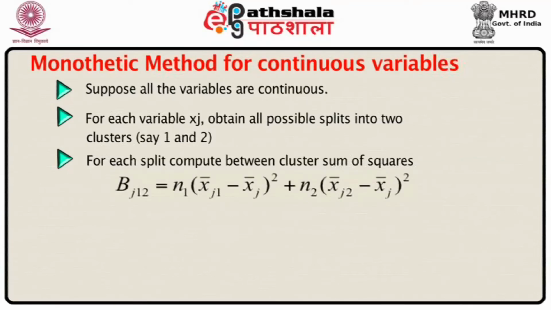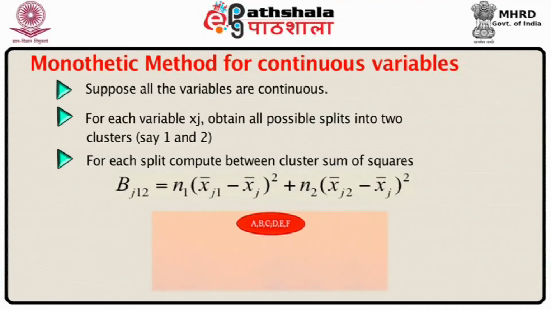It's Bj between cluster 1 and 2 is n1, where n1 is the number of members in that cluster, into (xj1 bar, that is the mean of that cluster, minus the grand mean) squared, plus n2, which is the number of members in the second cluster, into (xj2 bar, the mean of that cluster, minus again the grand mean) squared. So this is the difference in the sum of squares between the two clusters.